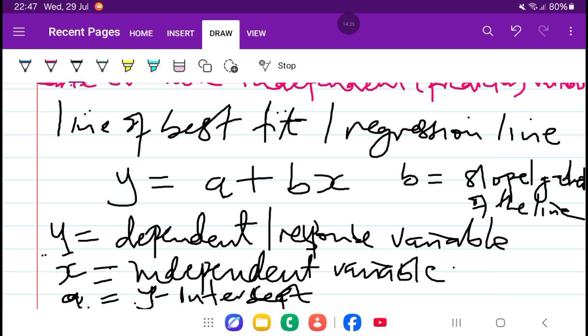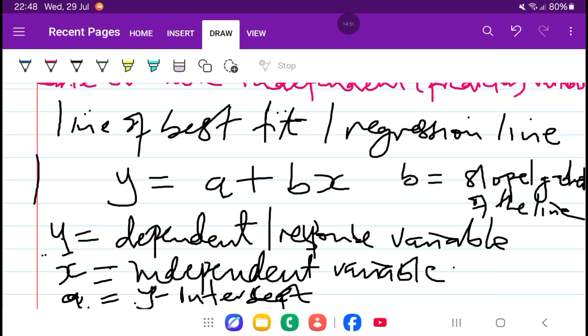So we use regression analysis to get the relationship between different variables. But of course, you need to understand that regression and correlation are two different concepts, even though they may look a little bit similar.